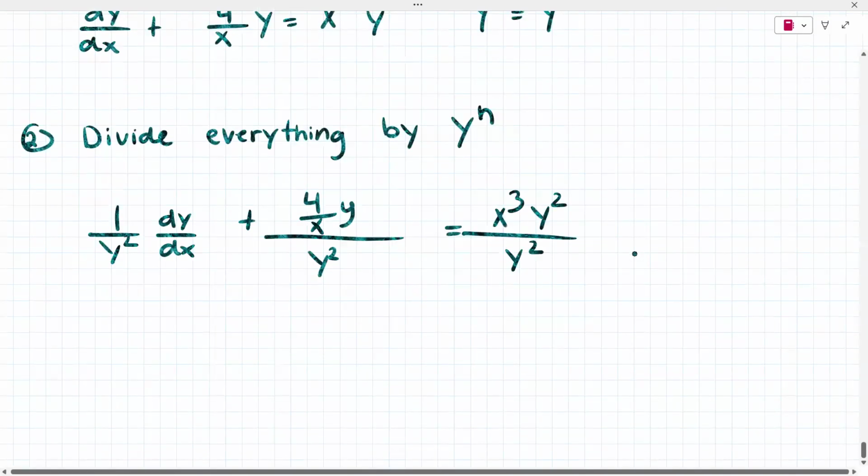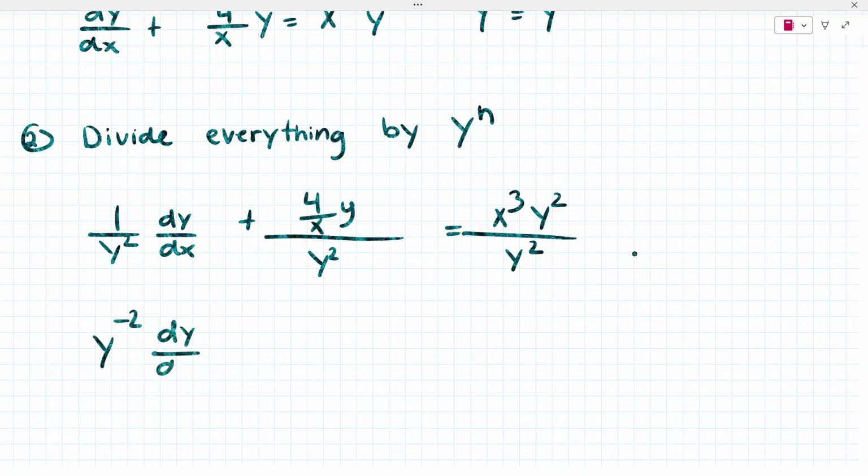Clean this up a bit. 1 over y squared is the same thing as y to the negative 2 dy/dx plus y over y squared, that's y to the negative 1. So that's 4 over x times y to the negative 1. And then x cubed y squared over y squared, the y squares cancel, so you're left with x cubed, right?